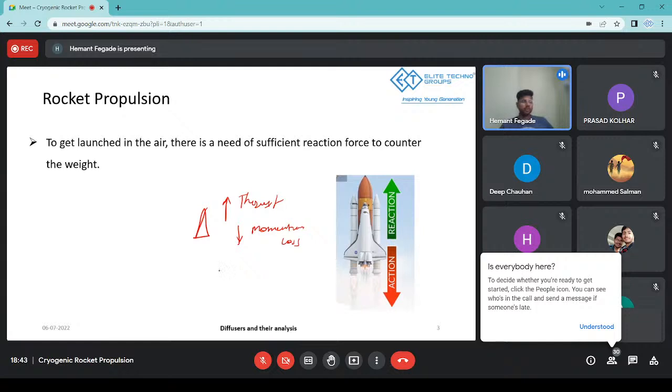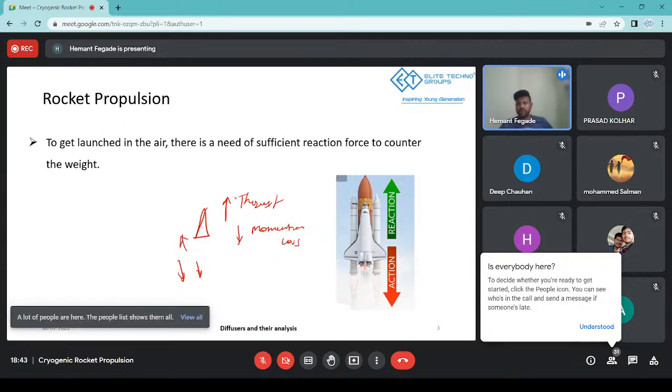Similarly, when you burn the fuel in the combustion chamber, the rate at which the exhaust goes out is also a determining factor in the amount of thrust, because the faster the exhaust gas moves out of the exhaust chamber, the more thrust you generate. Okay, so that's the second part.